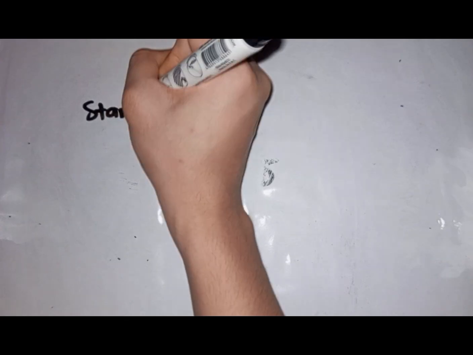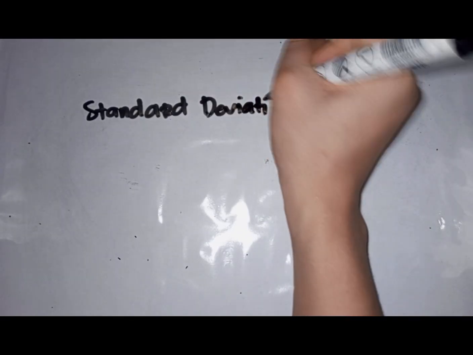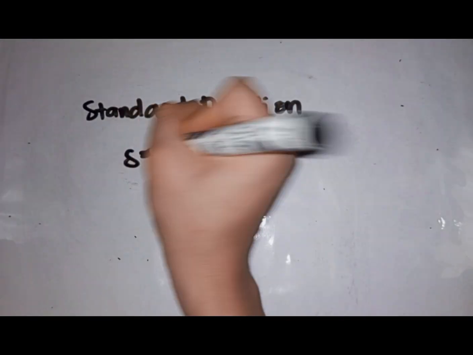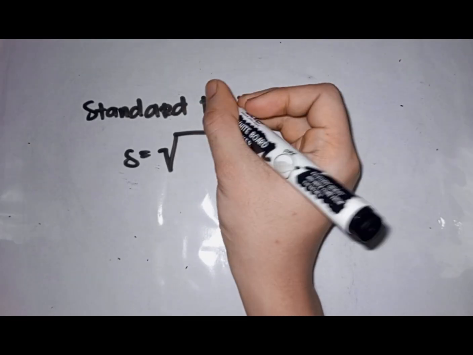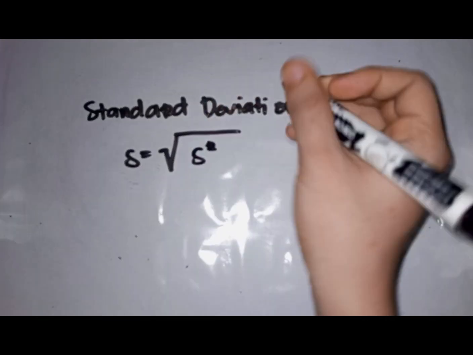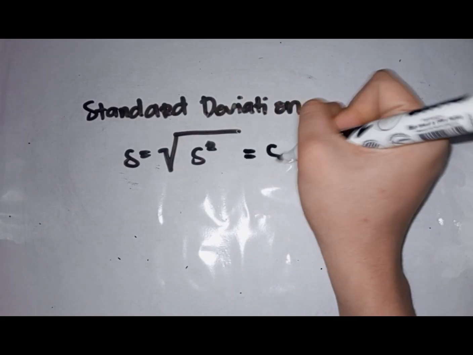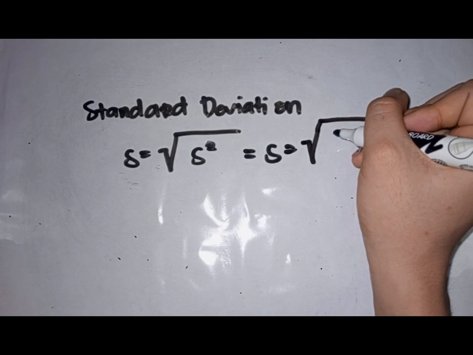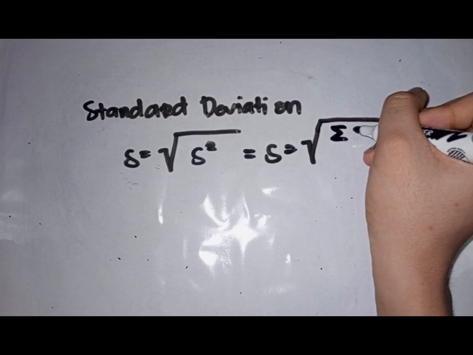So for our formula, the standard deviation S equals the square root of S squared, or the variance.